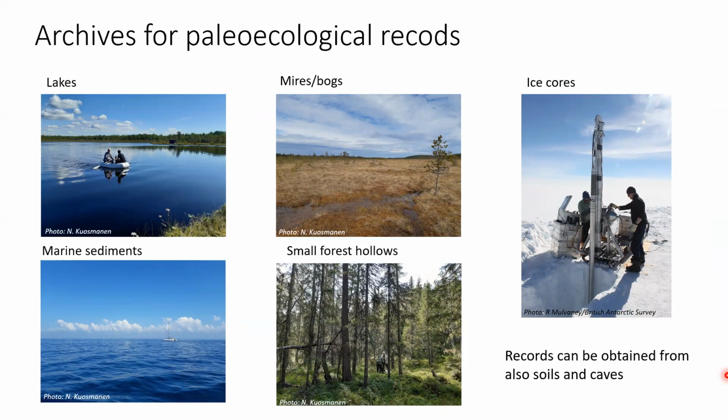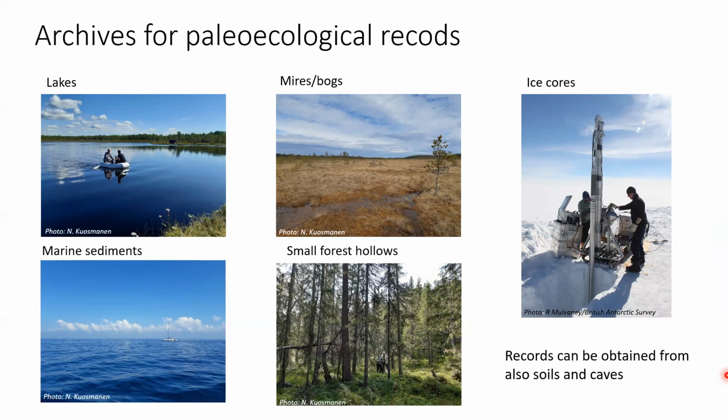This is also the same with mires, because when you have bigger mires, pollen can be transported to the mires and lakes with wind, or charcoal can be transported with wind, and it will also collect information from the atmosphere through rain and so on. So it usually gives quite a regional signal.